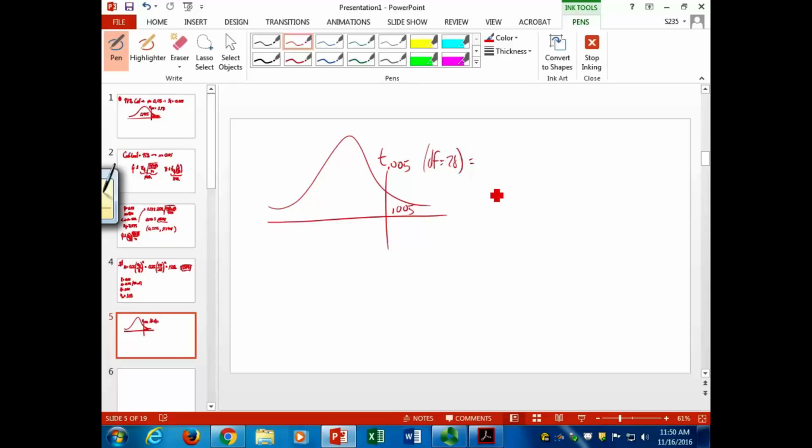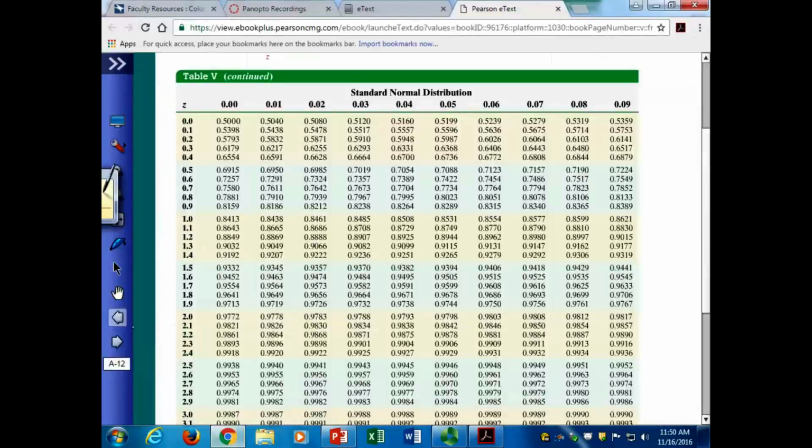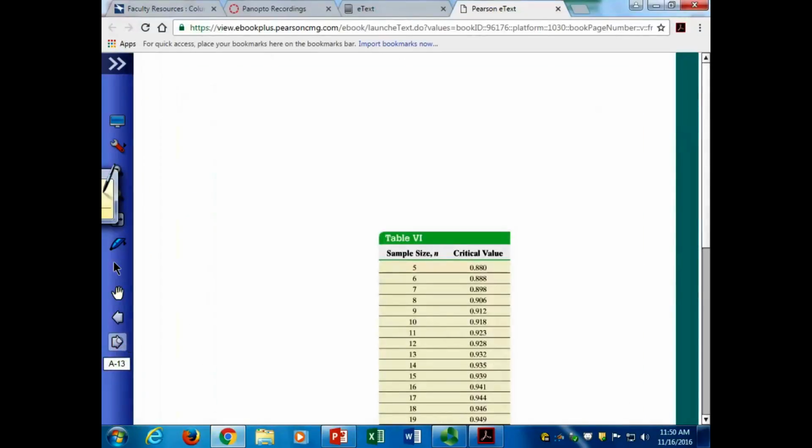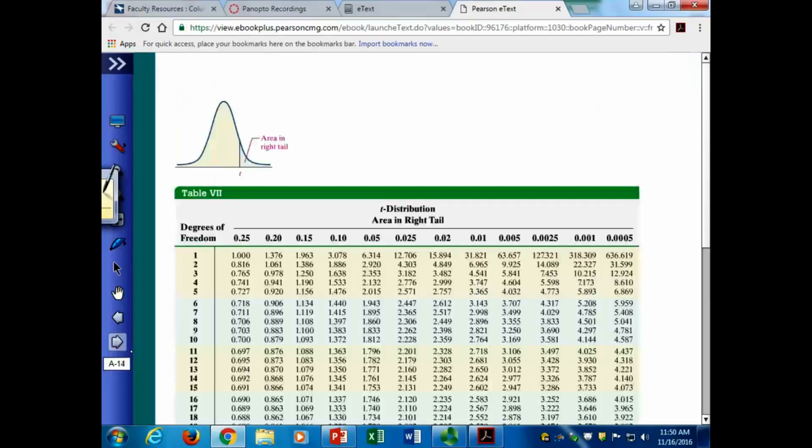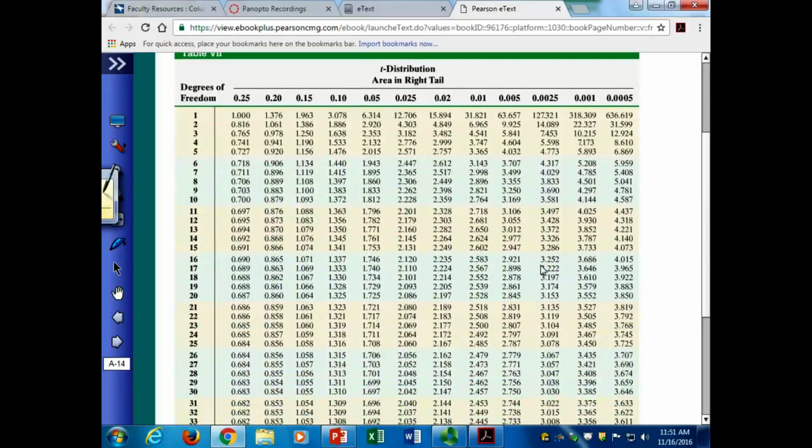We just need to go to our t table, which is a couple pages beyond our z table in the book. Here's our t table. So t sub 0.005, that means we're on this column. Scroll down to 28 degrees of freedom. There it is right there.